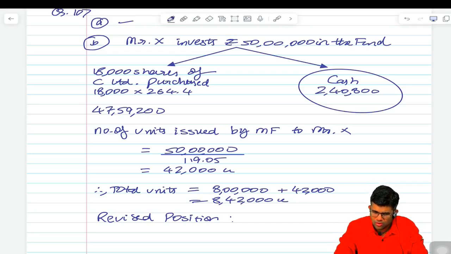See now, all rows will be same. Only that C Limited row will change and one cash will come. That's it. See Priya, I hope you took cash also.